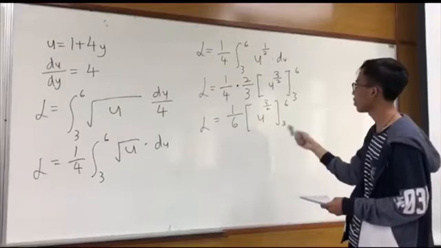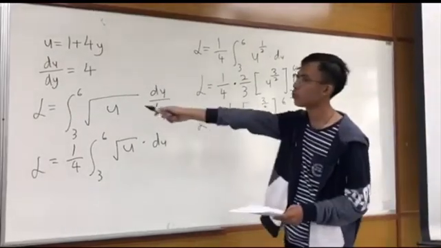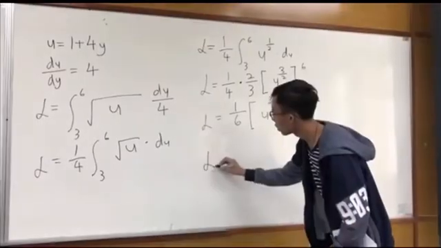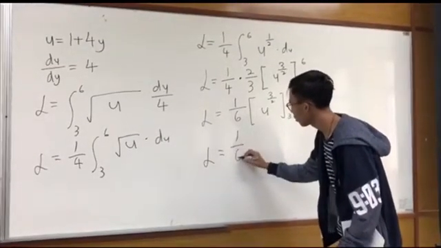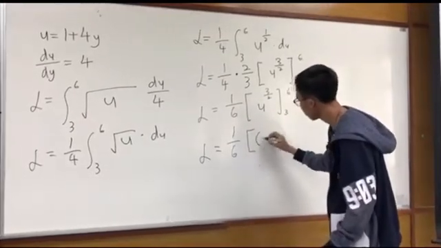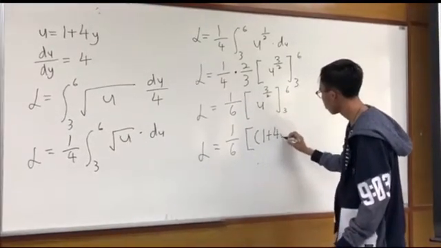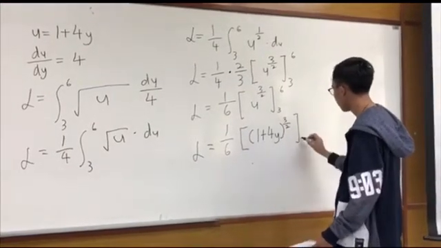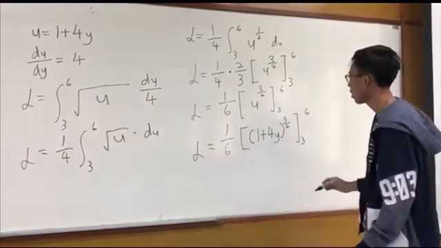Now we have to substitute the value of u, which is 1 plus 4y. L equals 1 over 6 times 1 plus 4y to the power of 3 over 2, from 3 to 6.